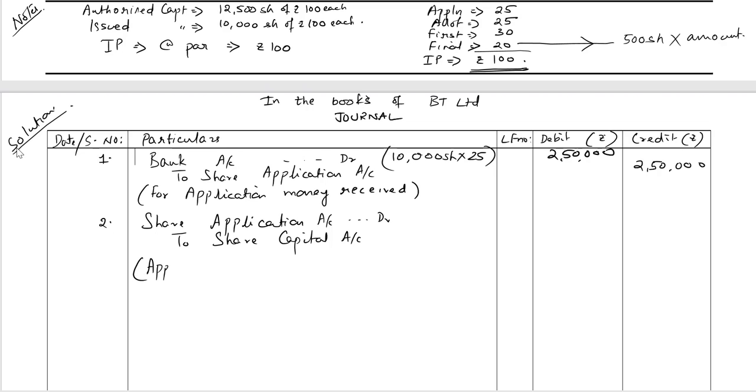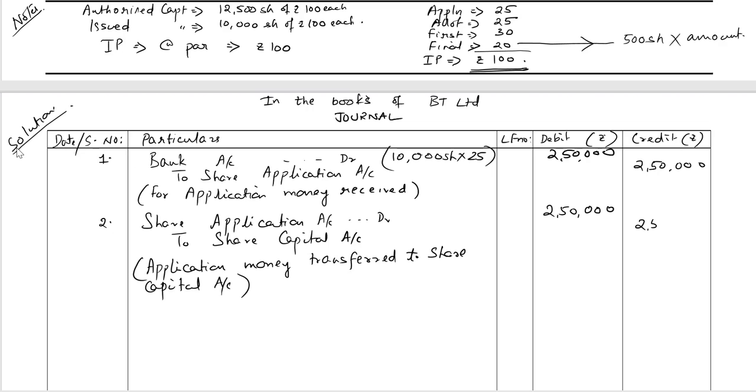Application money transferred to share capital account. The amount of application money transferred is the amount of the first journal entry, 2,50,000 rupees.